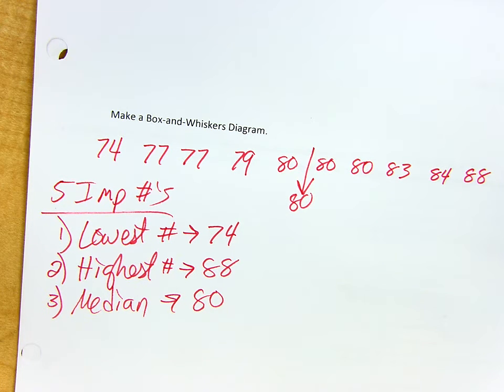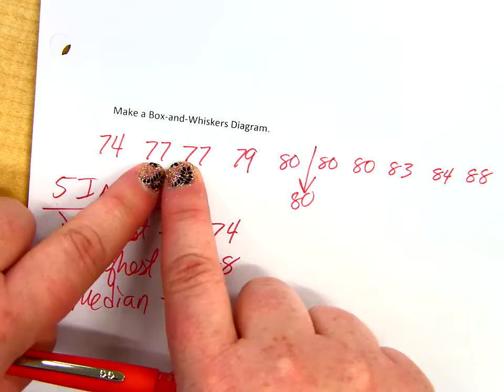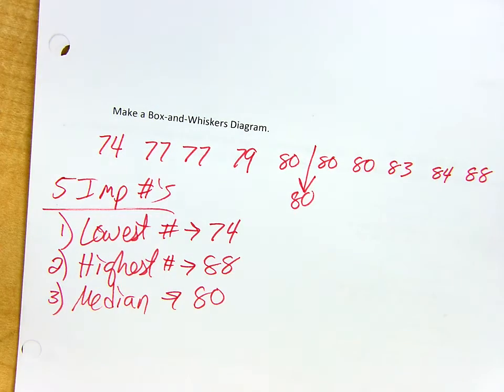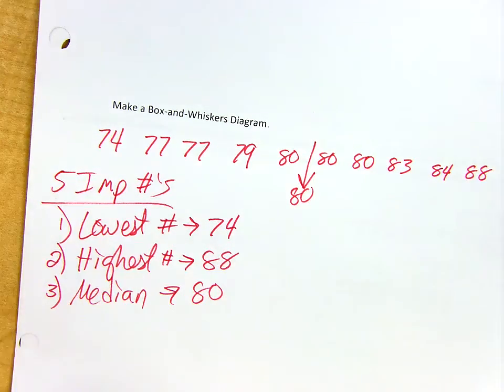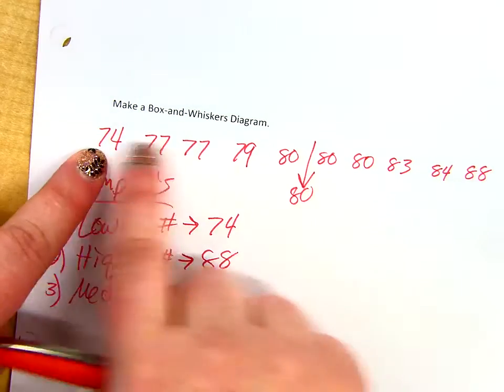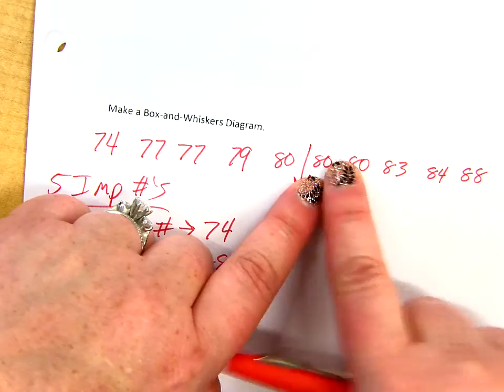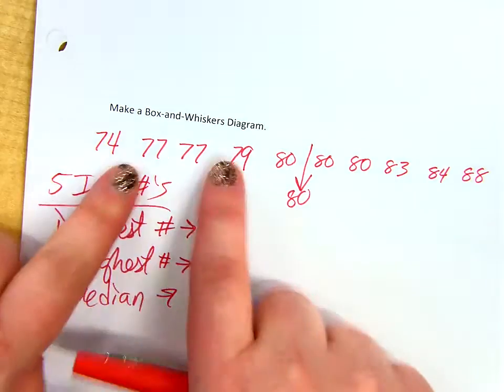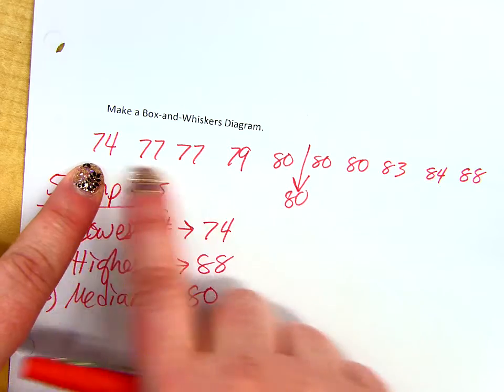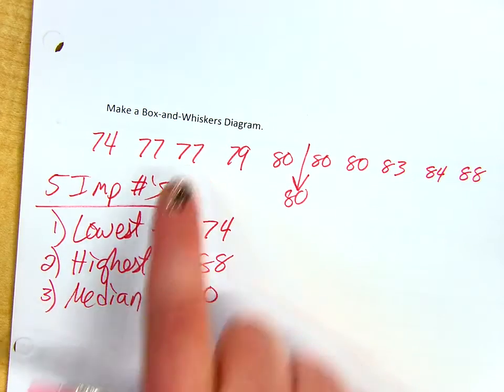And now you're just going to find the median 2 more times. Once on the lower numbers and once on the upper numbers. Yep, that's it. So see how the median kind of divides my whole list into 2 groups, the lower numbers and the upper numbers. The median of my lower numbers is 77.